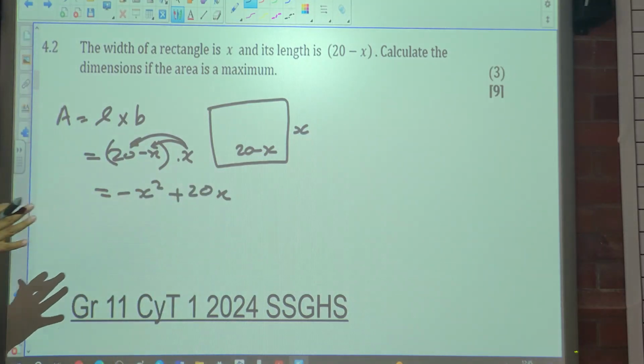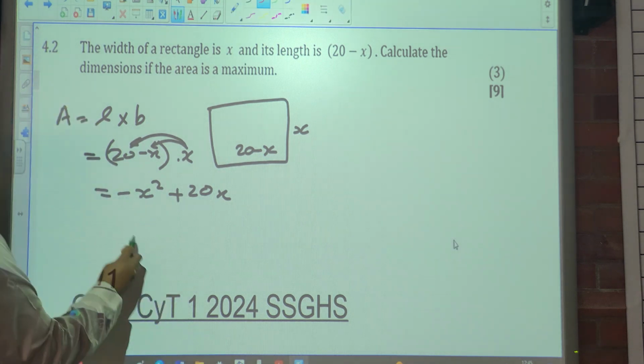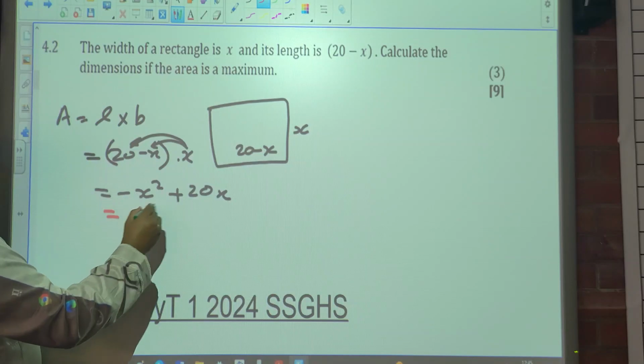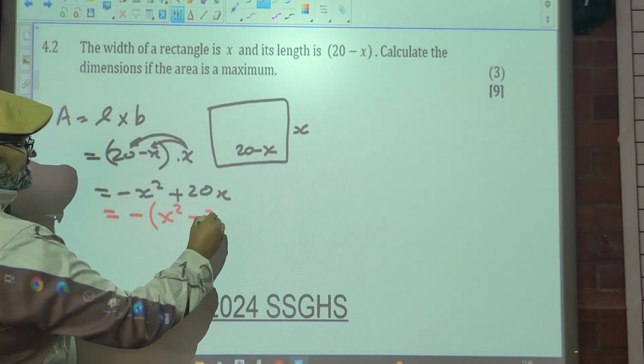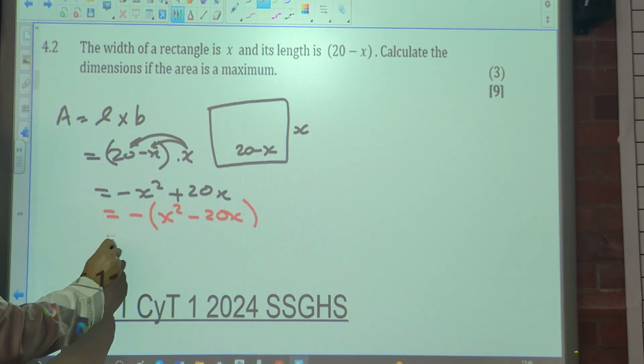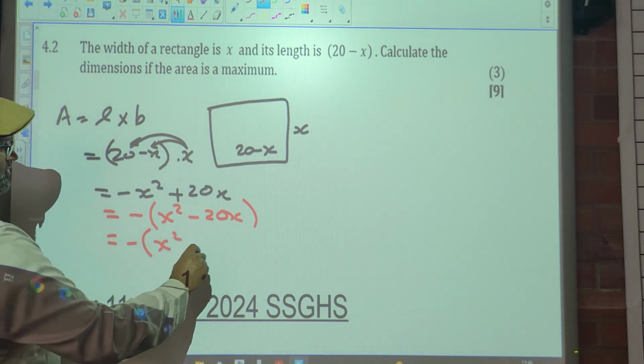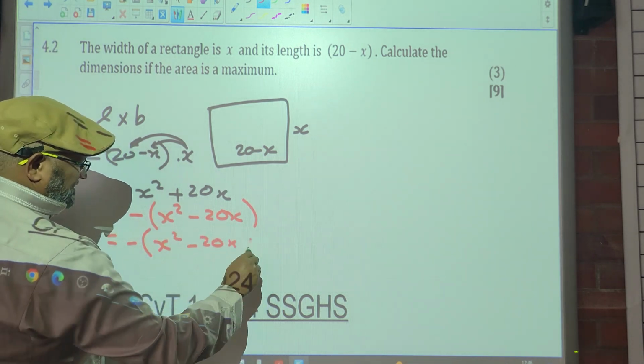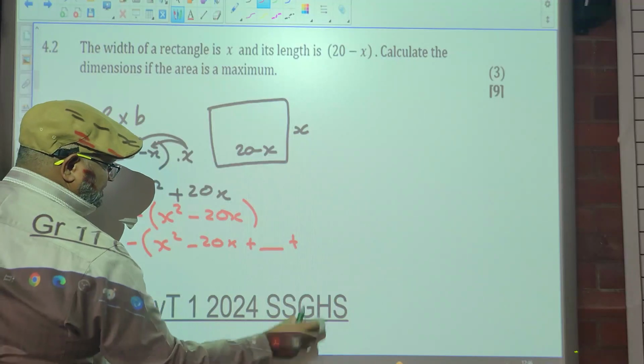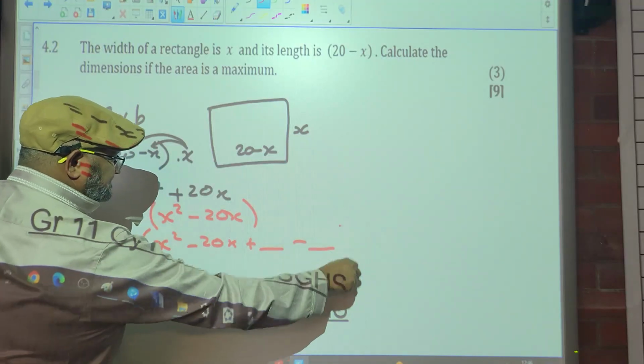So what am I going to do with that? We're going to complete the square. So what do we need to do first? Take the negative out as a common factor, left with x squared minus 20x. We ask ourselves, what must be added to x squared minus 20x to complete the square? It's going to be b times half, all squared.